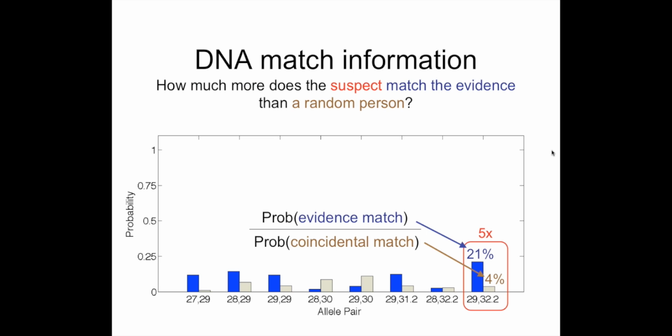In order to form a match statistic, we need to compare that with another genotype. In this case, it'll be from a suspect, and then normalize with respect to how coincidental the genotype is by accounting for the population. So we try to answer how much more does the suspect match the evidence than a random person in order to determine the DNA match information at this locus.